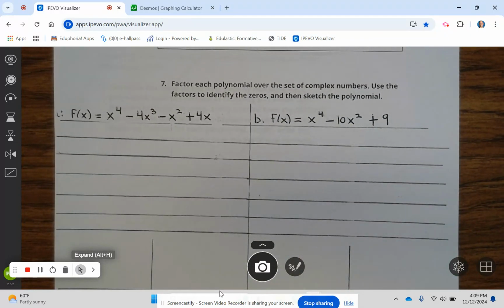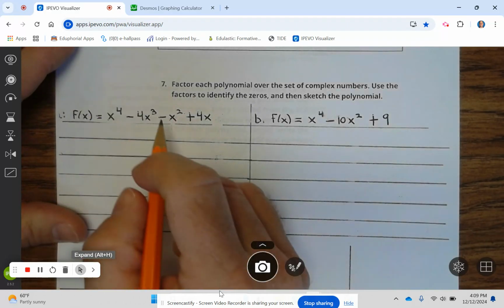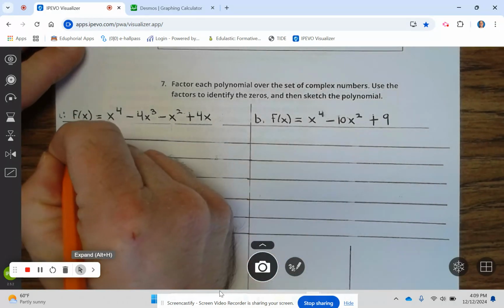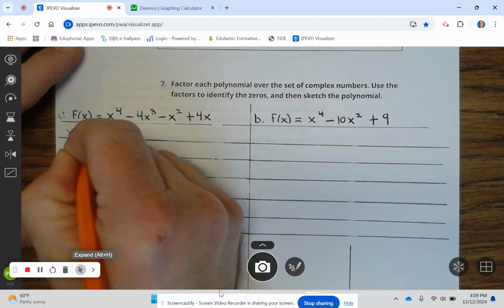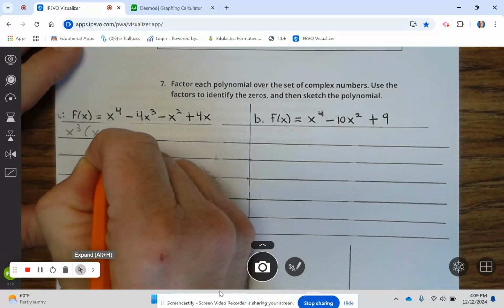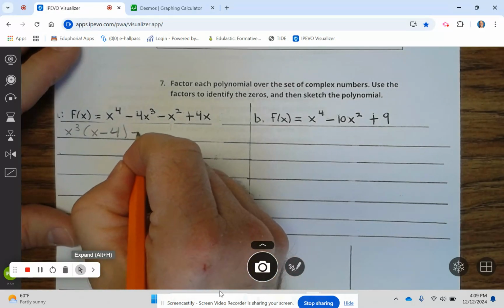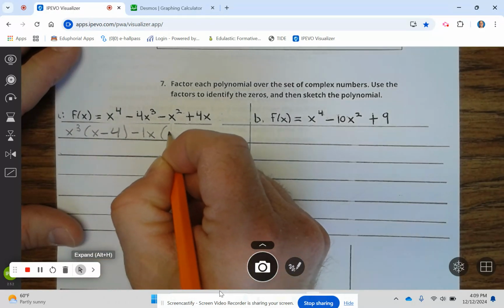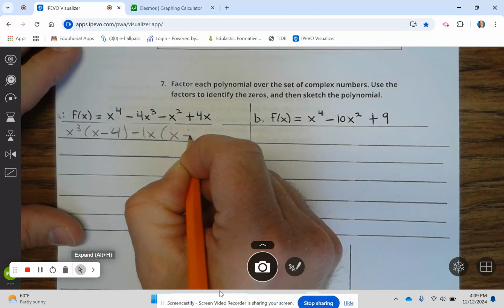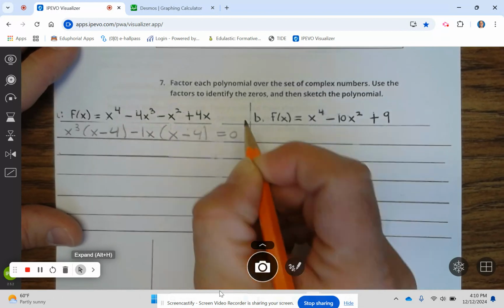All right, for each polynomial over the set of complex numbers, use the factors to identify the zeros and sketch the polynomial. Okay, so here we can factor out an x cubed from each term, which leaves x minus 4. And then here we can factor out a negative 1x from both terms, which leaves x minus 4, and let's set that equal to 0.